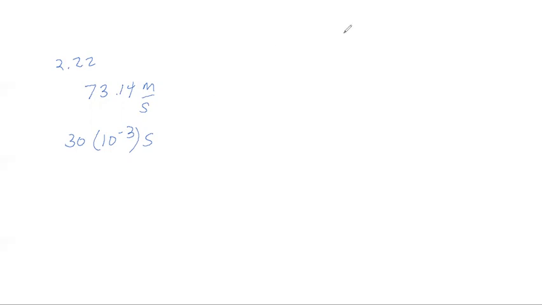Okay. So we're assuming constant acceleration, so we can do a equals v final minus v initial over t final minus t initial. A equals delta v over delta t, which is what we're doing.